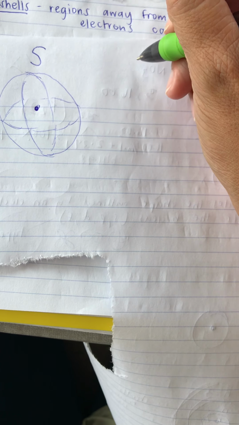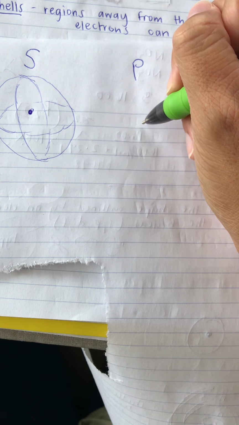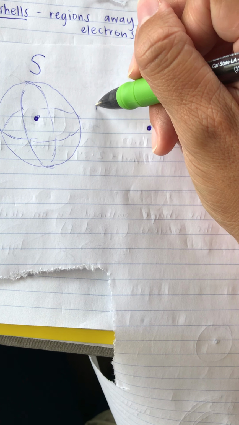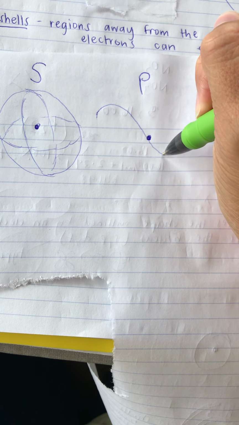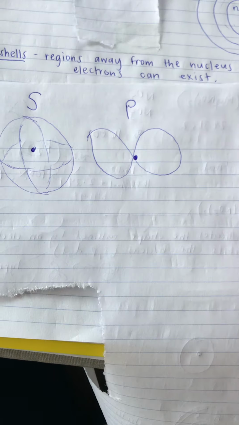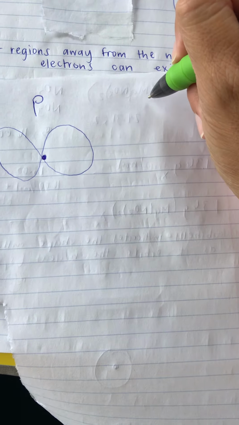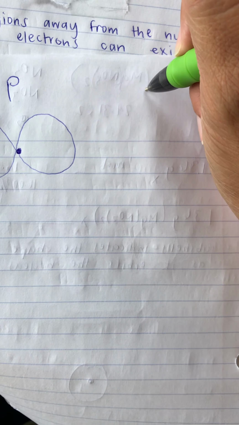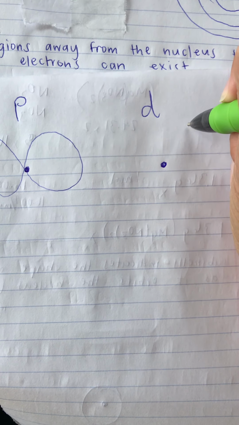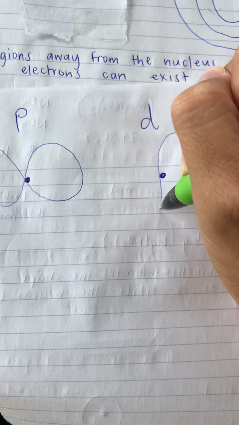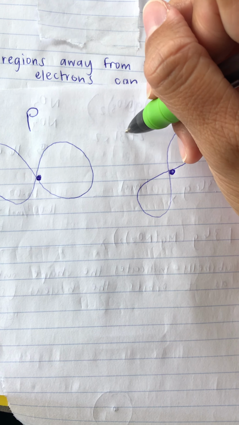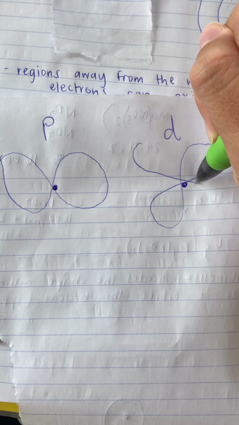The next type of orbital is going to be the P shape. This is the nucleus, and this is the electron traveling around the nucleus. The last one we're going to look at is going to be D. This is the nucleus, and this is the path of the electrons.